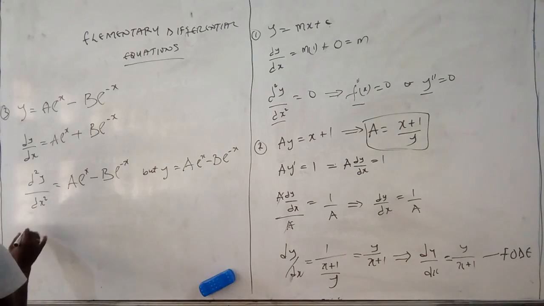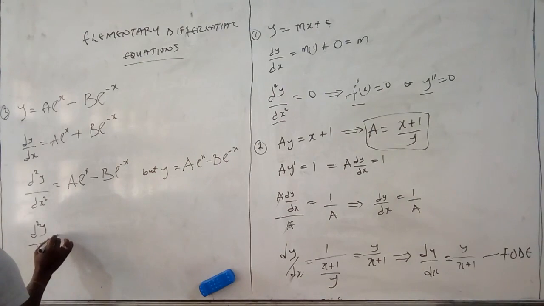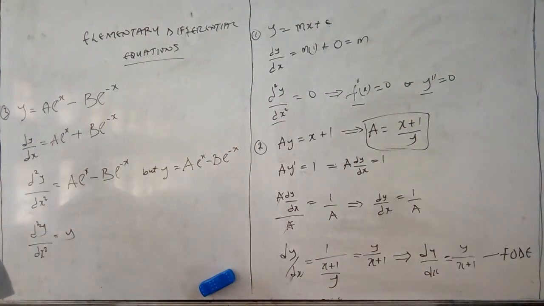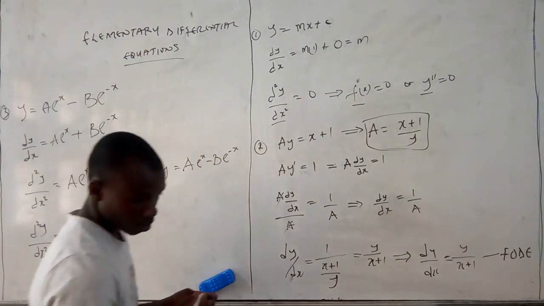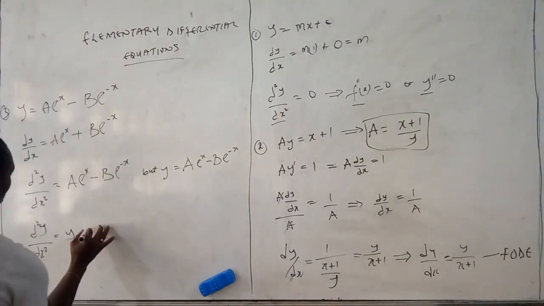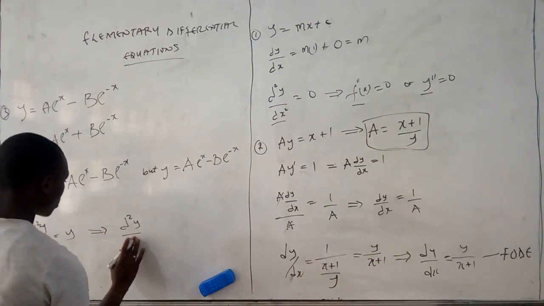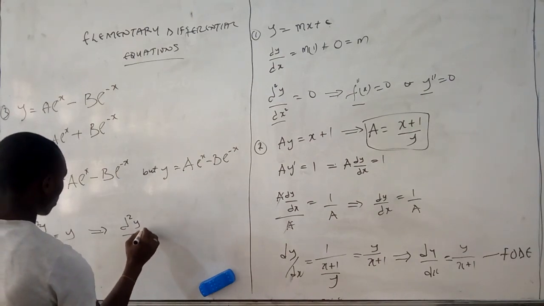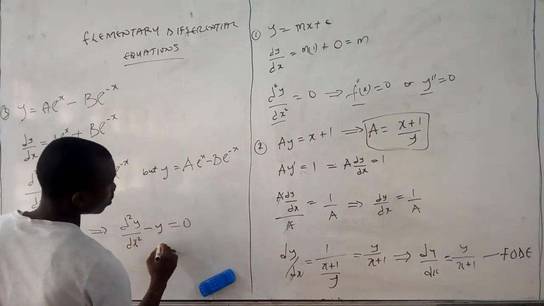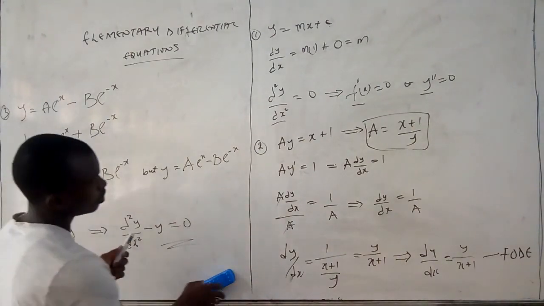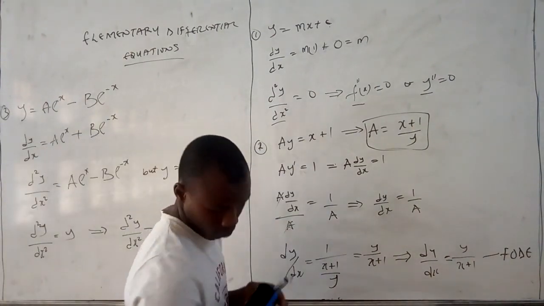So we replace it by having d square y over dx square is equal to y. So therefore our solution is now d square y over dx square minus y is equal to 0. So this is our solution.